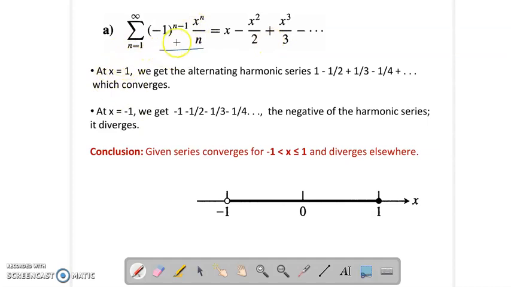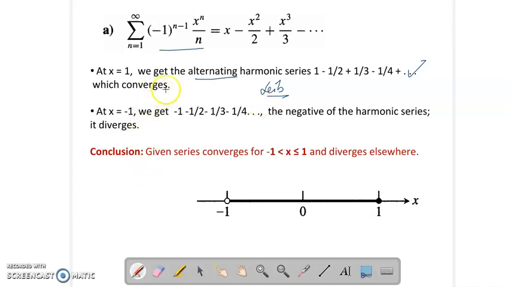So at x equal to 1, we get an alternating harmonic series, 1 minus 1 by 2 plus 1 by 3. And we know that this alternating harmonic series is convergent. This is coming from Leibniz test. Okay, you need to specify that this is alternating harmonic series, and when you apply the Leibniz theorem, all three conditions of the Leibniz theorem are satisfied, and hence we can say that the series converges.